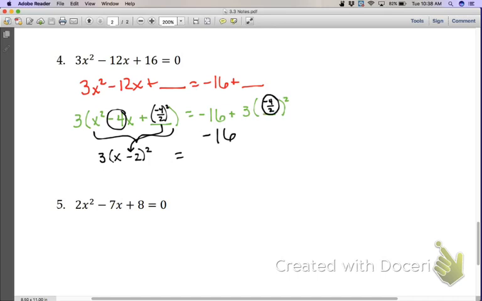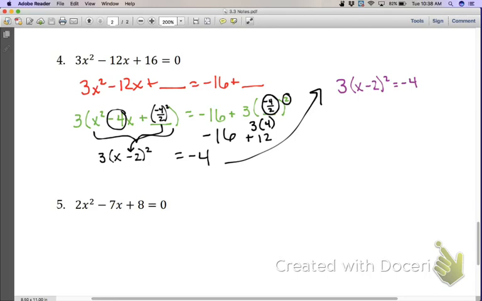Negative 2 squared is the same thing as 3 times 4. So negative 16 plus 12 is negative 4. So I'm going to come up here, give myself a little bit more room. There we go. So 3 times (x minus 2) quantity squared equals negative 4.